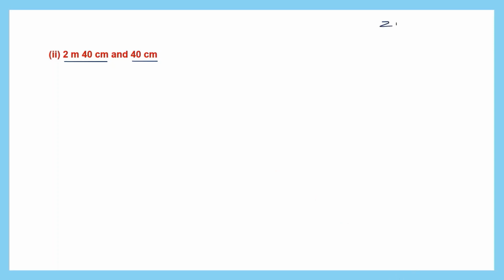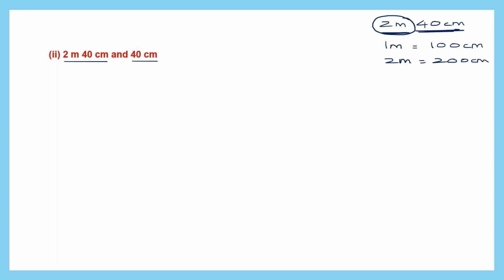So 2 meters and 40 centimeters. Now 1 meter is equal to 100 centimeters. So 2 meters will be equal to 200 centimeters. So we have found that 2 meters is equal to 200 centimeters.